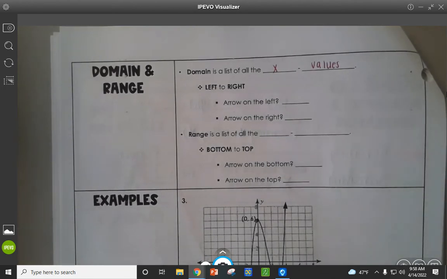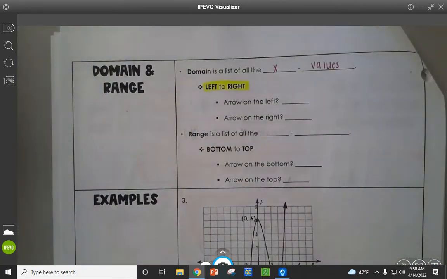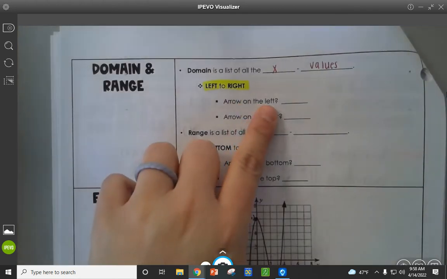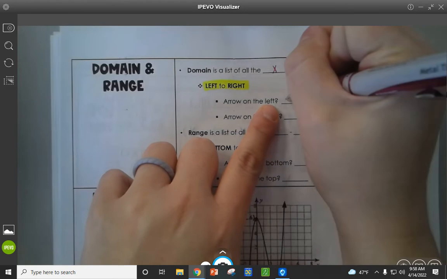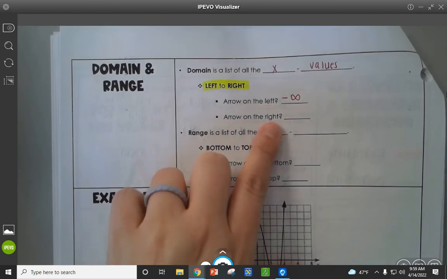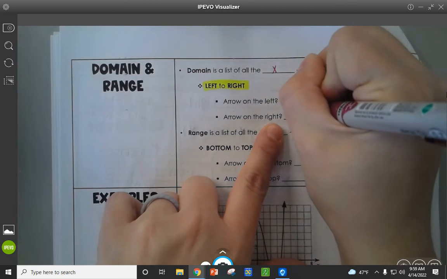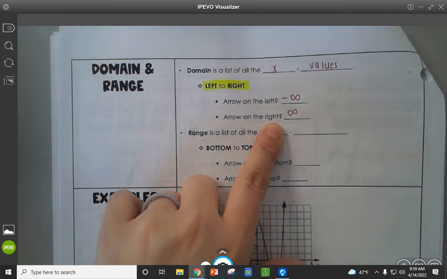But with domain, we look left to right. So the very far left of the graph and the very far right of the graph. If we see an arrow on the left side, we put negative infinity. If you see an arrow on the right side, you put infinity, positive infinity, but you don't need to put a plus sign.